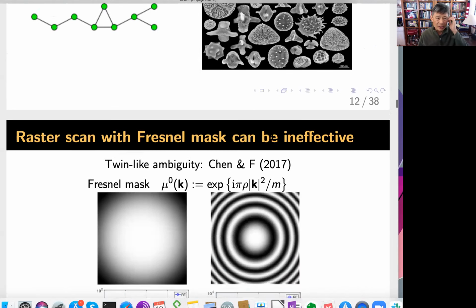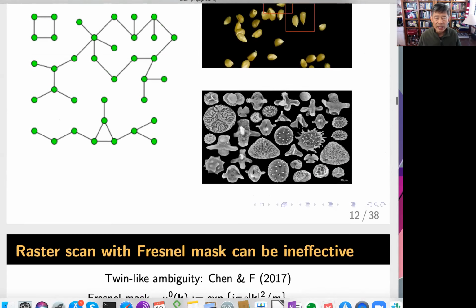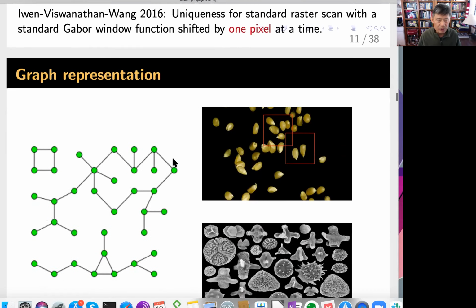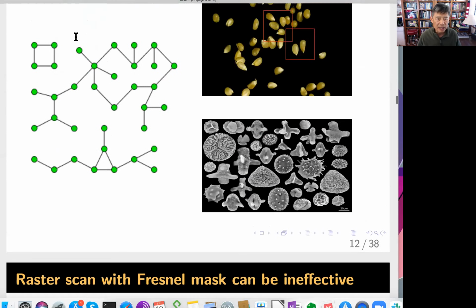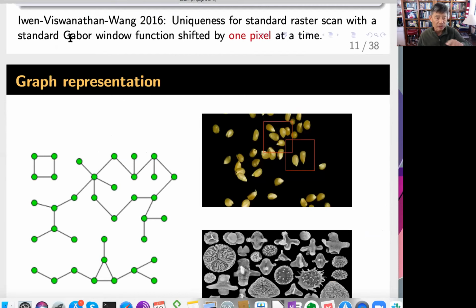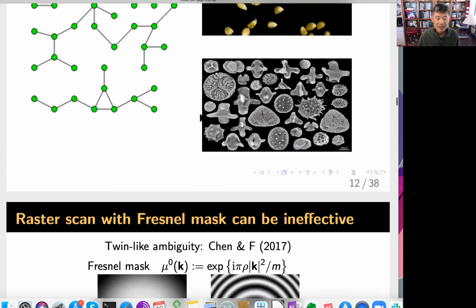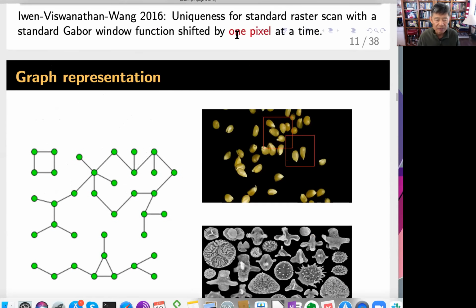Now, here I want to point out that with the raster scan, the Gabor window function is very close to the Fresnel mask case, okay? Except this is a Gaussian window function, and this is the imaginary Gaussian. Now this requires 1 pixel movement at a time, very refined movement.